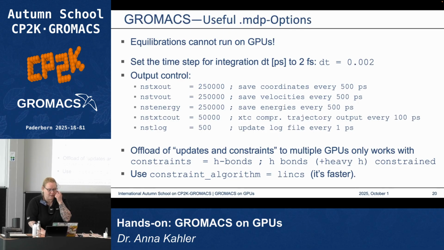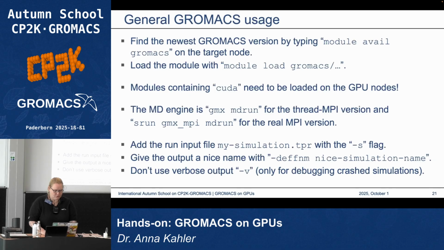And as I already mentioned, regarding the constraints, if you are free to decide, use the constraints on hydrogen bonds only because it runs faster. And if you can use LINCS instead of SETTLE for the constraints algorithm, it will also run faster.